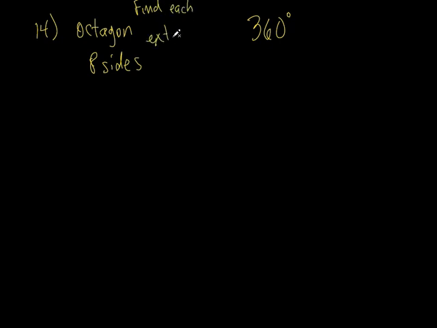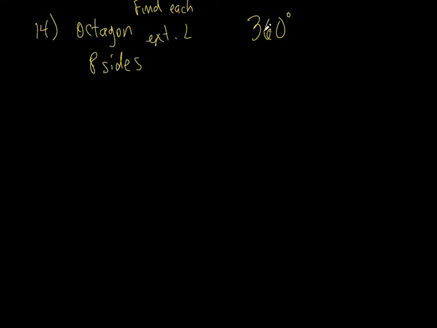So 14, it says it's an octagon. Okay, so an octagon is how many sides? 8 sides. So think about this. If all the angles add up to 360 degrees, we're talking exterior, okay? So what's it say to do? Find each exterior angle. That's what it asks you to do.